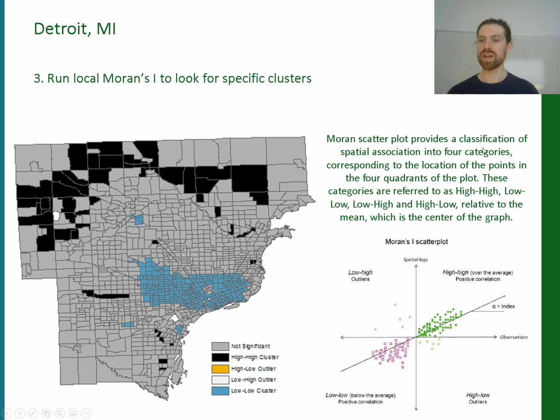We're able to understand how the classification of different spatial associations for these 4 different categories actually corresponds to the location of the points in our plots. These categories are high-high, low-low, low-high, or high-low relative to the mean, which is the center of the graph. So this is basically how we're able to carry out this local Moran's I analysis.